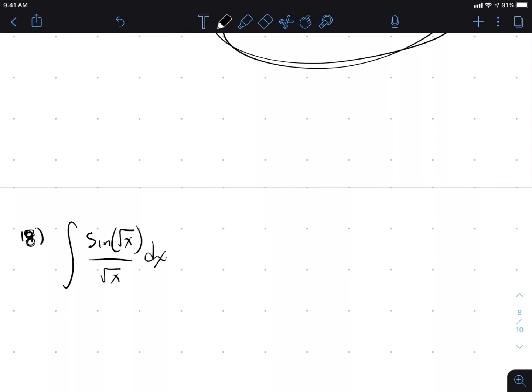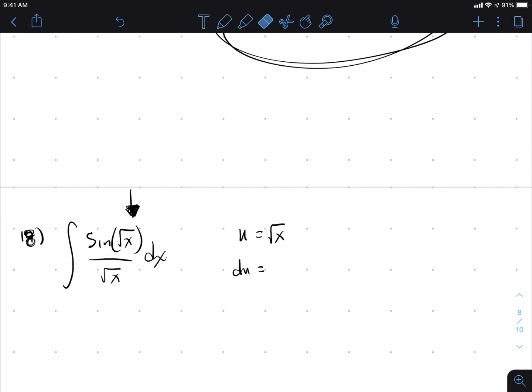I'm going to use this one as my u. And you'll see why in a second. So if I go u is equal to root of x, what's the derivative of root of x? We have x to the 1/2 what? It's negative 1/2.